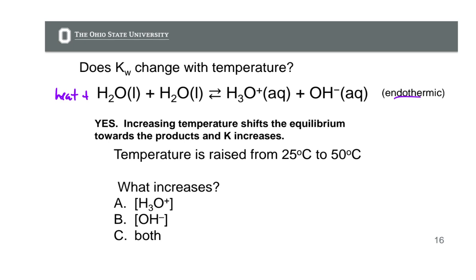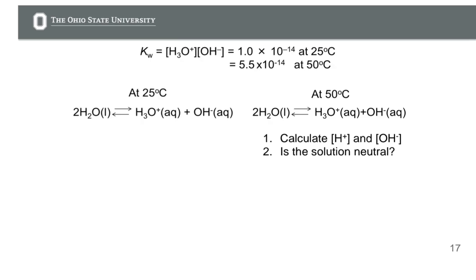Okay. So what all does that mean? Temperature is increasing. What about concentrations of products? Both H3O plus and OH minus concentrations increase, and they increase the same amount. We saw that at 25 degrees Celsius, our Kw was 1 times 10 to the minus 14, and the concentration of H3O plus was equal to the concentration of OH minus, and it was 1 times 10 to the minus 7.